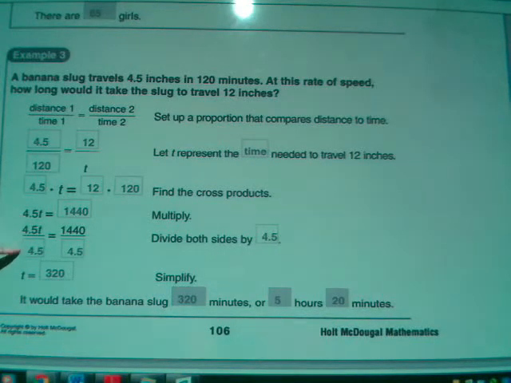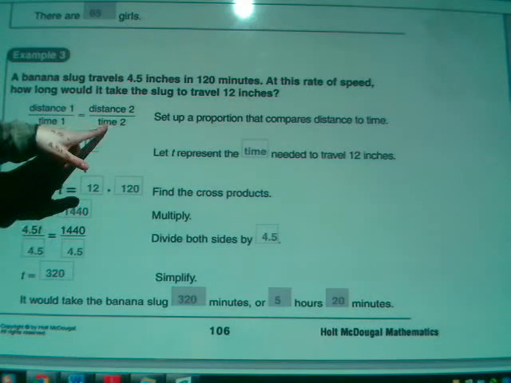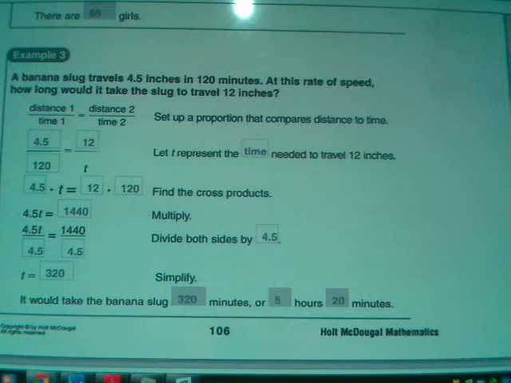Well, by doing the opposite, dividing, as we always do when we solve an equation, I do 1440 divided by 4.5, and I end up with 320. T equals 320. My mystery spot is 320, or in other words, it would take the banana slug 320 minutes, or converted, 5 hours and 20 minutes to travel that 12 inches.